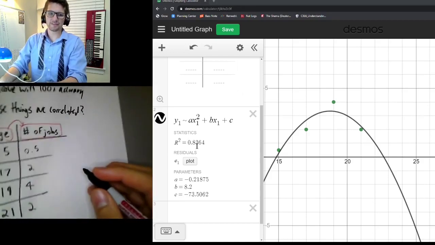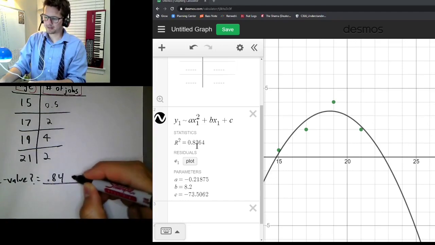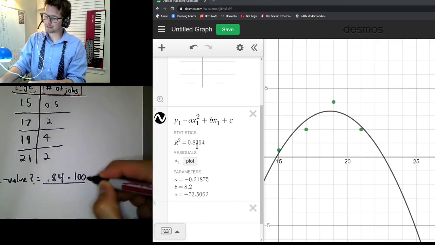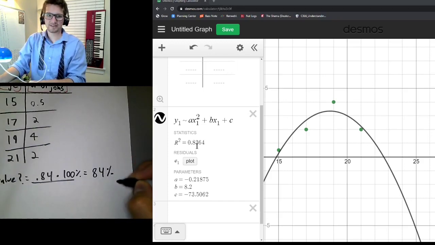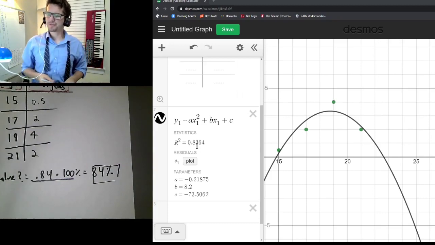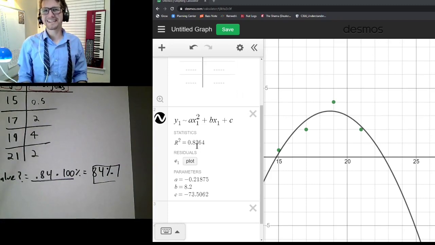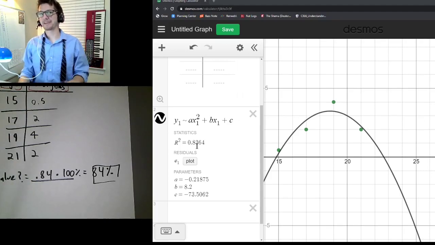So if I take that R value, I got 0.84 times 100%, remember, and that gives me an 84% correct answer. So the question was, did they prove with 100% accuracy that they're correlated? Heck no, they didn't. They only got to 84%, which is still pretty impressive.